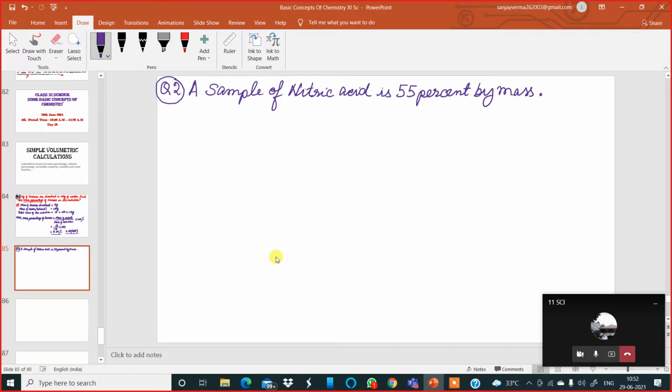There is a sample of nitric acid containing 55 W by W, meaning 55% by mass of nitric acid in it.